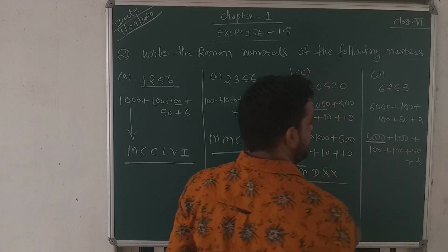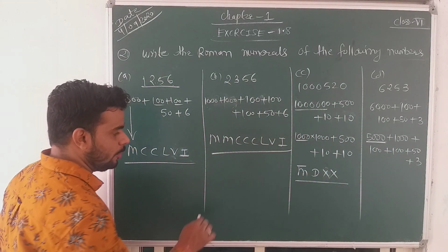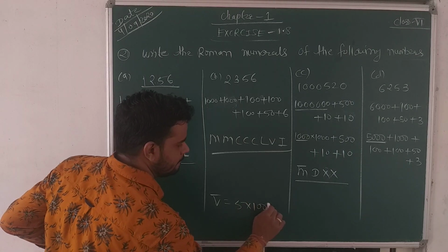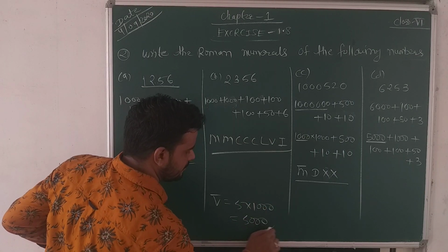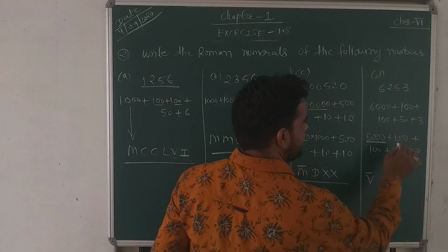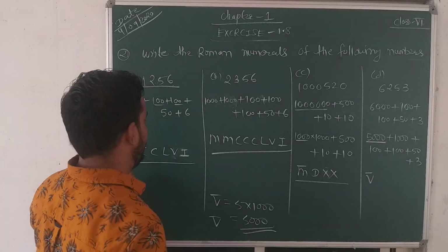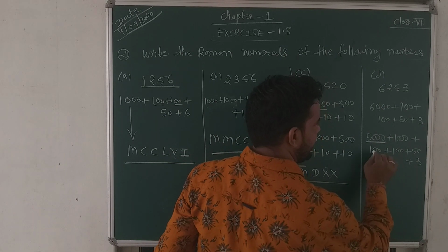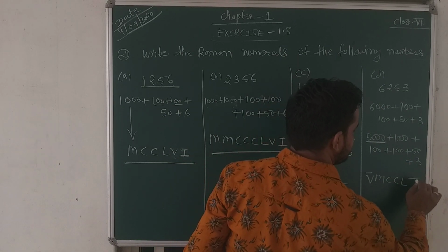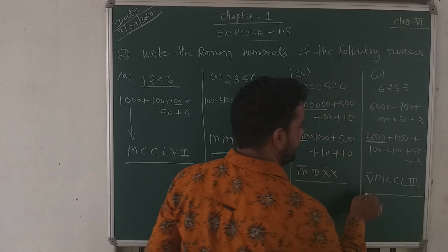So 5000: in the table I already told you V means 5 and bar means 1000. So 5000 means V bar. 1000 means M, 100 means C, 50 means L, and 3 means 1, 2, 3. So this is your answer.